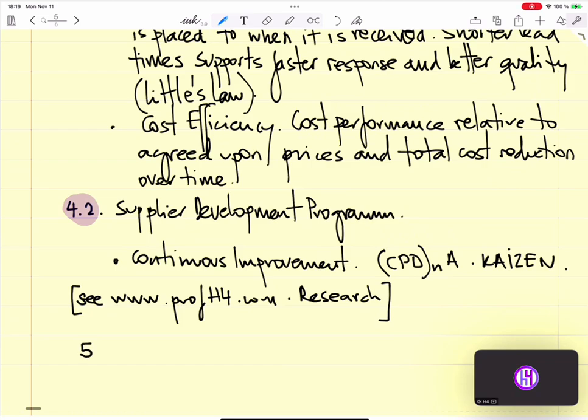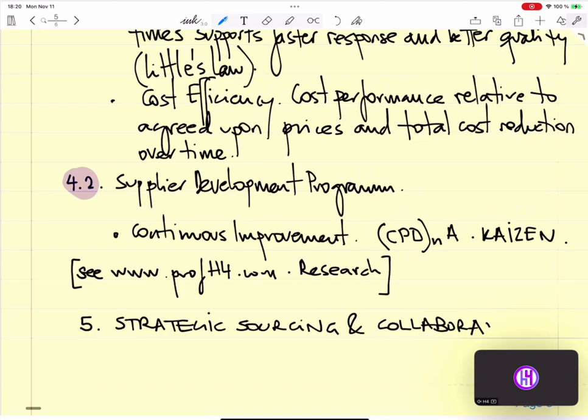The last point today is strategic sourcing and collaboration. So this is a long-term holistic approach to supplier management that focuses on sourcing goods and services in a way that aligns with the organization's goals.